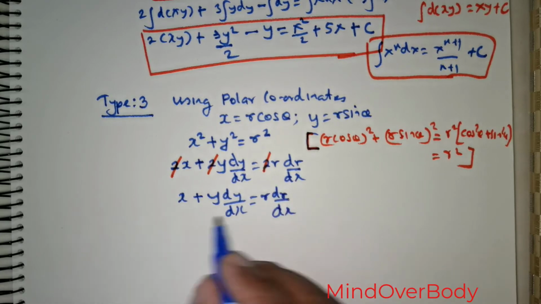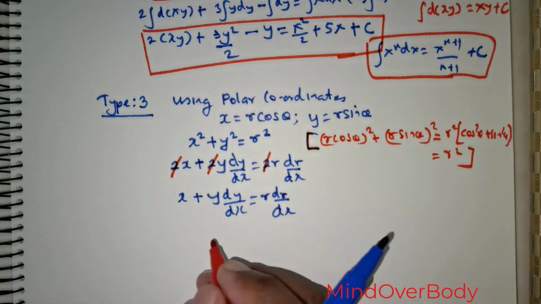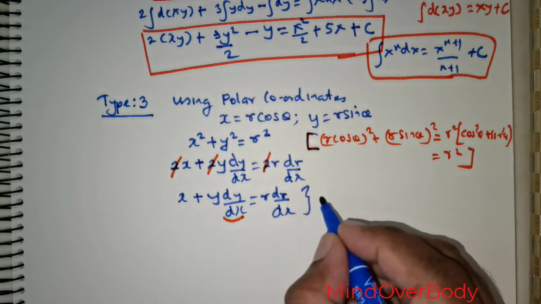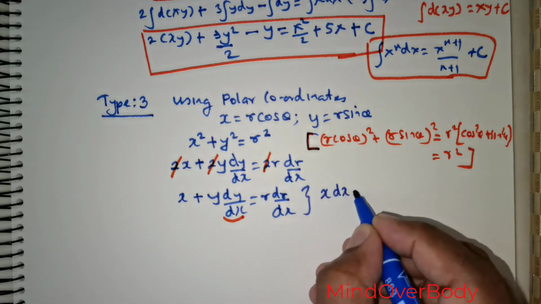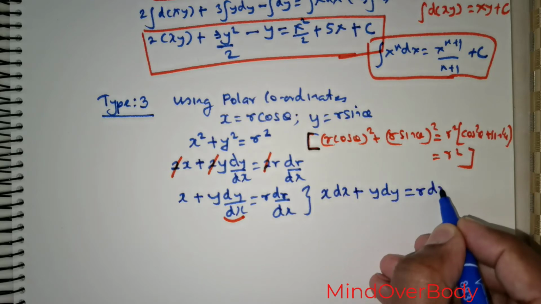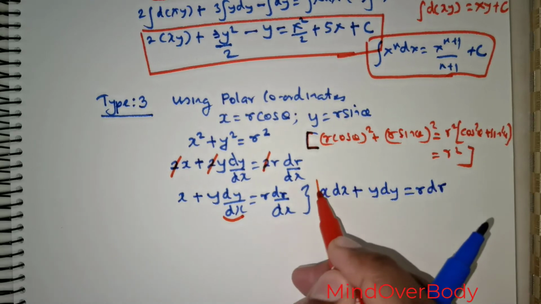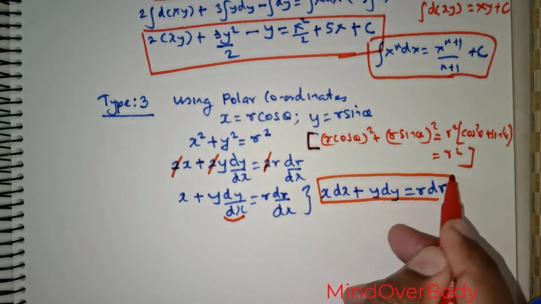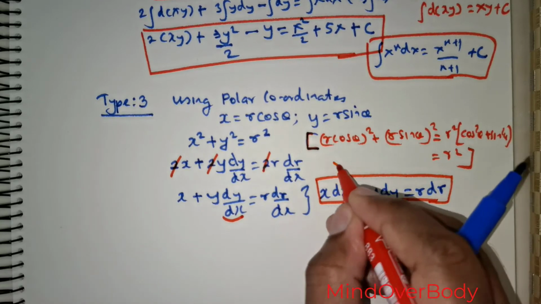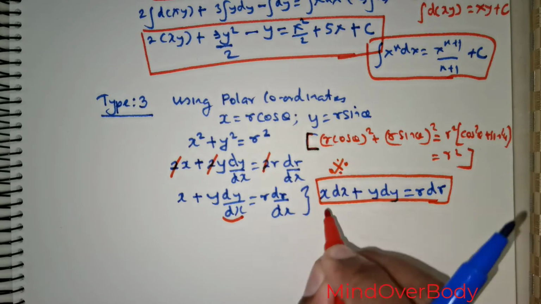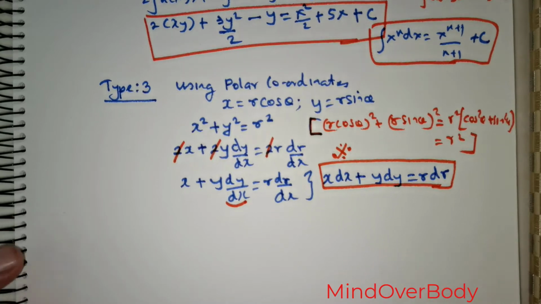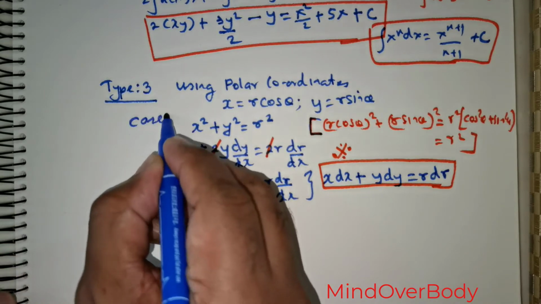Now if I were to multiply both sides by dx, then I would get x times dx plus y times dy is equal to r times dr. So this is a very important differential equation result that we would be using, so have that in mind. This is a very important result. Now also, this is case 1.